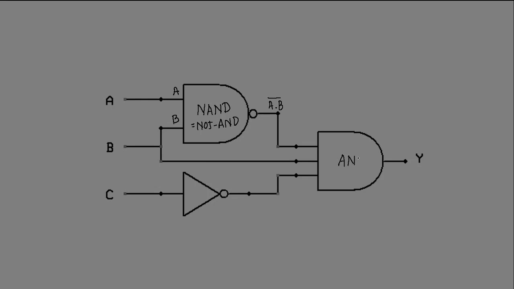Then this is one input. Then another input to this AND gate will be B. This B signal is shared between this NAND gate and this.